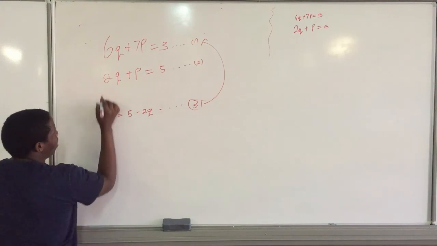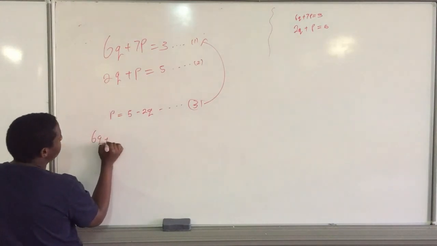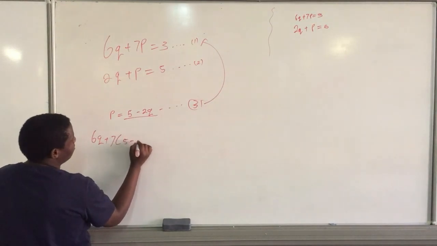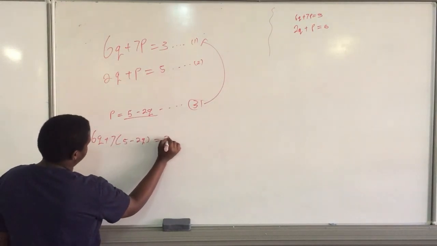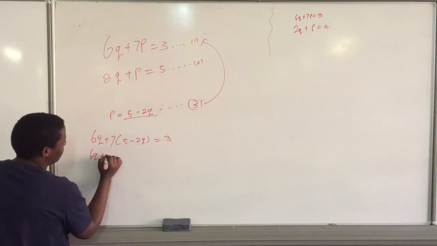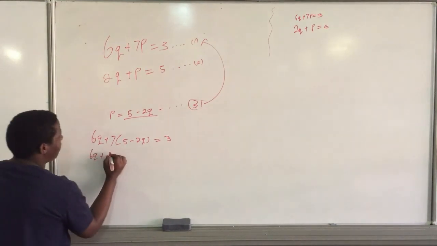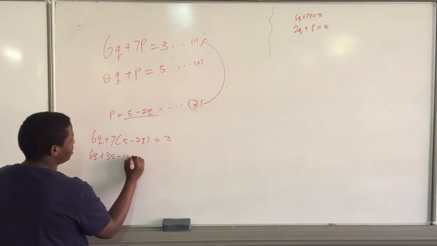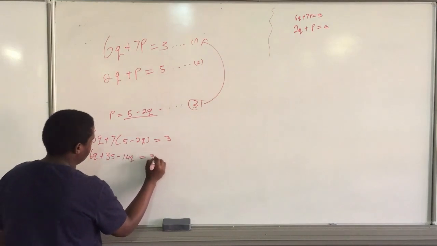So we're going to say 6Q plus 7, where there is P, we now put this, minus 5Q equals 3. 6Q plus 7 times 5 is 35, minus 14Q equals 3.